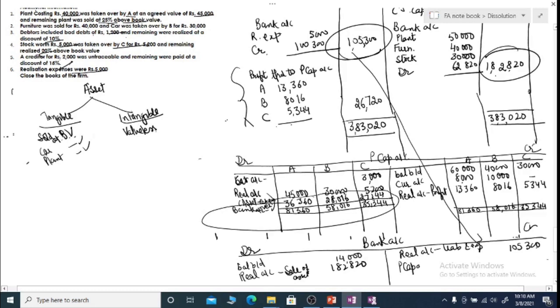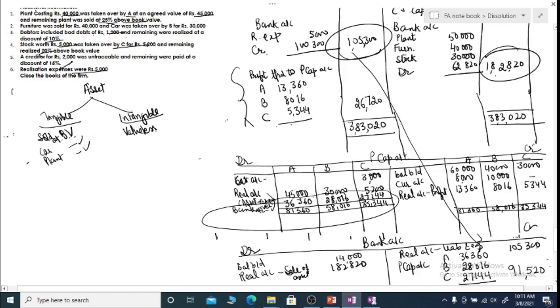Partners' capital accounts, so A, B and C. A, it is 36,360, B, it is 28,016, and C, it is 27,144. Okay, so this gives us 91,520.